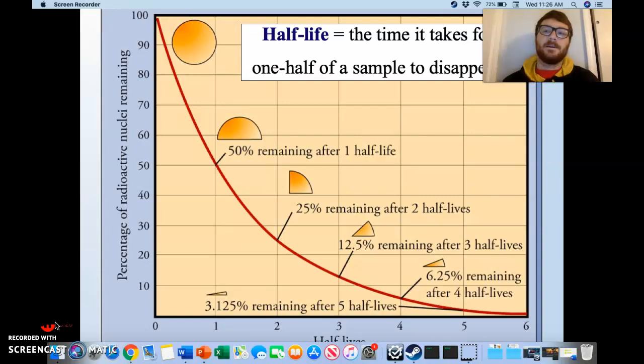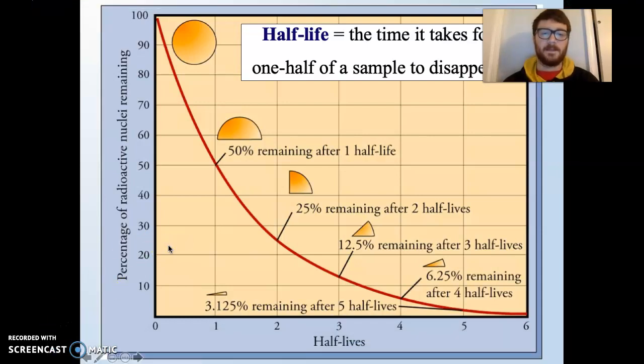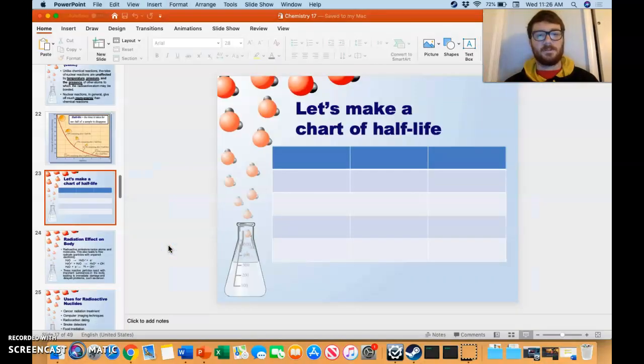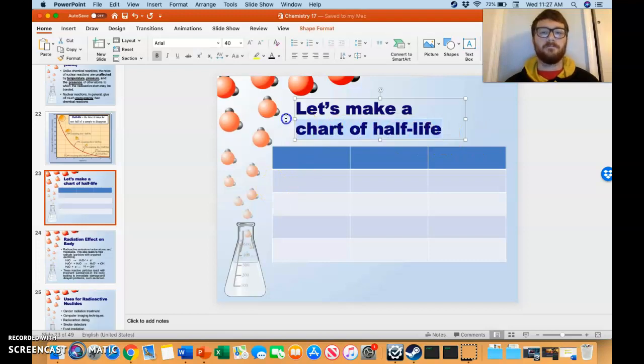Half-life. And, it's the time it takes for one half of something to disappear. Something radioactive. Now, let's use a strange illustration. To make a chart of how this might work. I'm going to give this illustration.